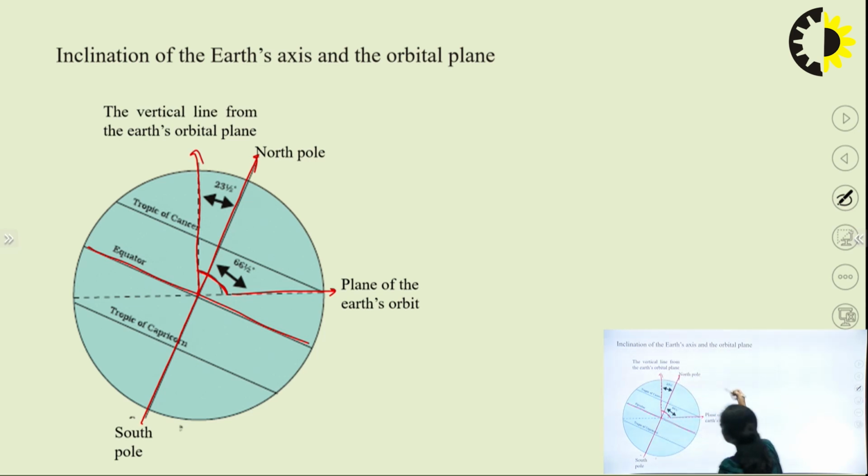The vertical line from the Earth's orbital plane is there, this is the 90 degree, and this is the angle, this is the 66.5. So between the North Pole axis line and plane of Earth's orbit, it is making 66.5.